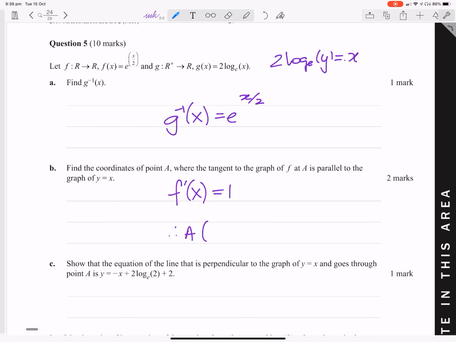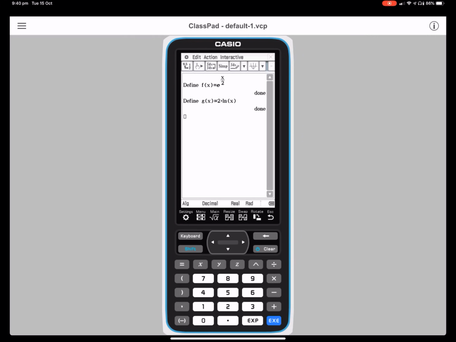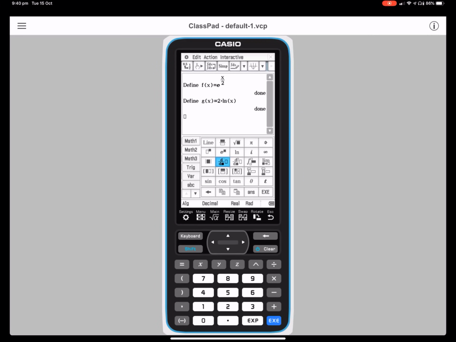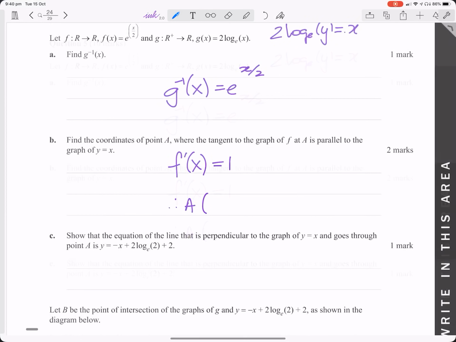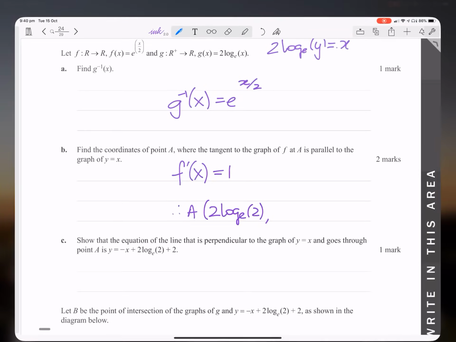Therefore a is, so if we say d/dx of f of x equals 1, x is 2 log e 2, and f, given x is that, is 2.